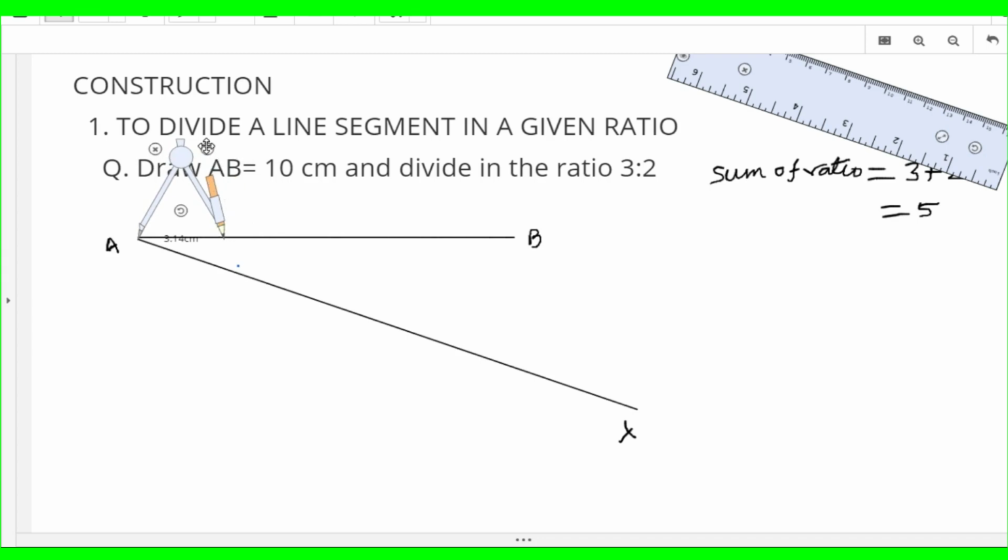Take this convenient length of the arc and then we have to mark 5 intervals of equal length. So first we take one, then put the pointer at this point and again take the second arc. We have to take the same measurement.